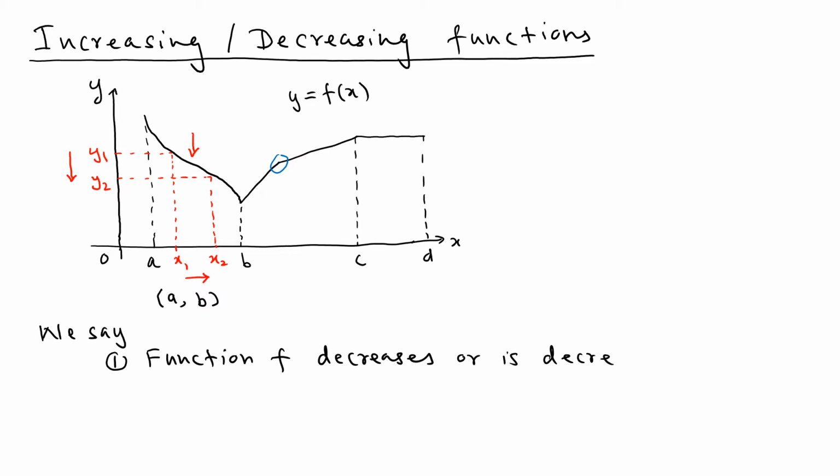You can use any of this terminology. You can either say decreases or is decreasing on the interval. Why do we say on the interval? Because the exact same thing happens if you pick any 2 points in AB. On the interval AB.